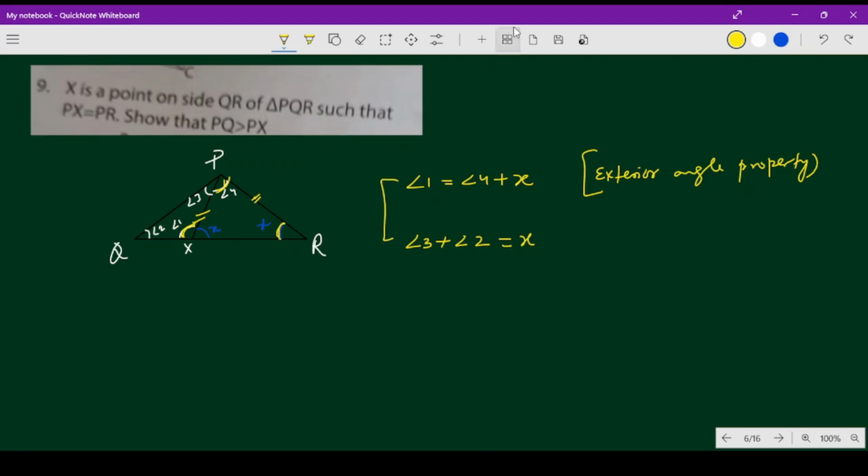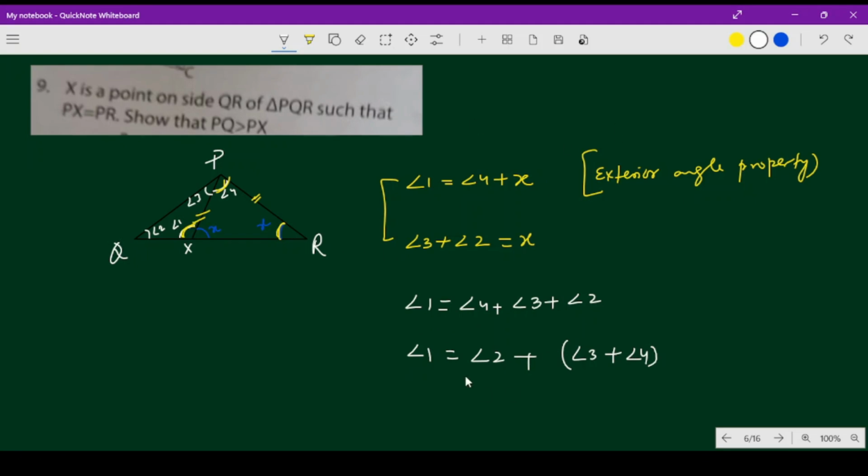So in these two equations, if we substitute the value of X equal to angle 3 plus angle 2 in the first one, then we'll get angle 1 is equal to angle 4 plus angle 3 plus angle 2. So here angle 1 is equal to angle 2 plus angle 3 plus angle 4.